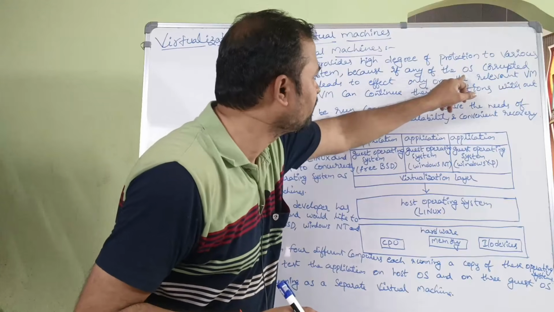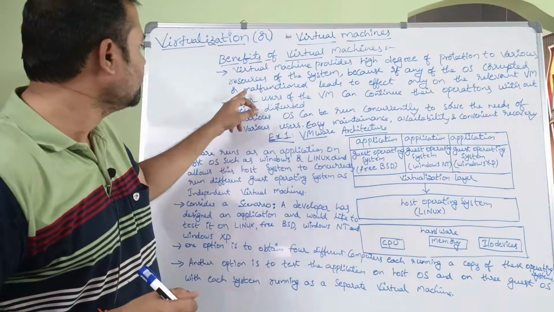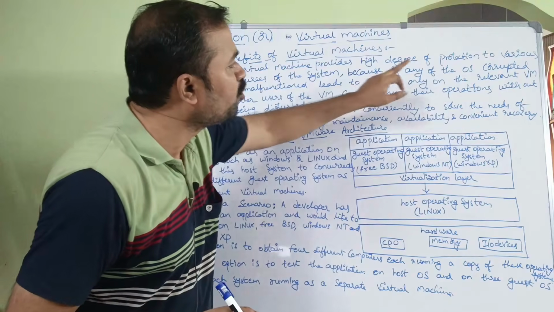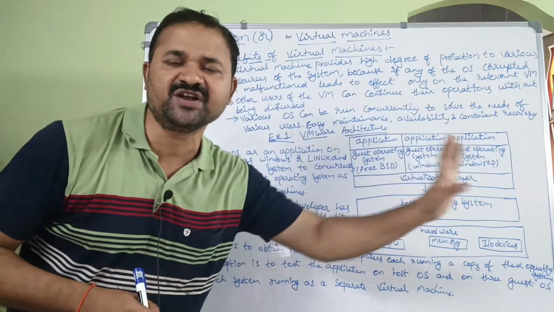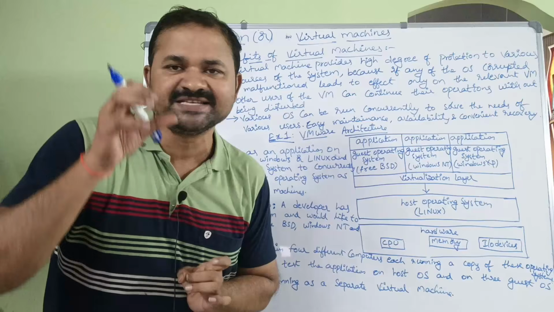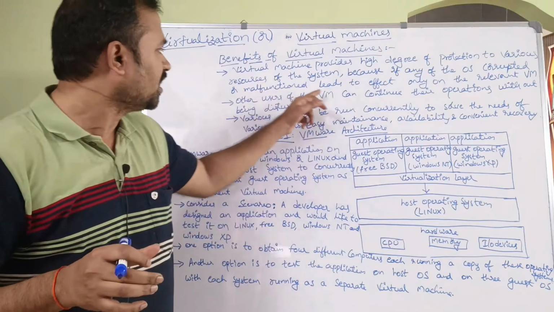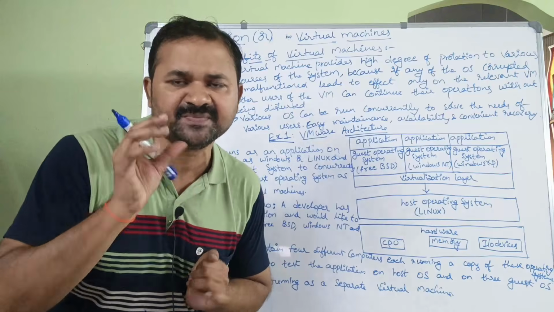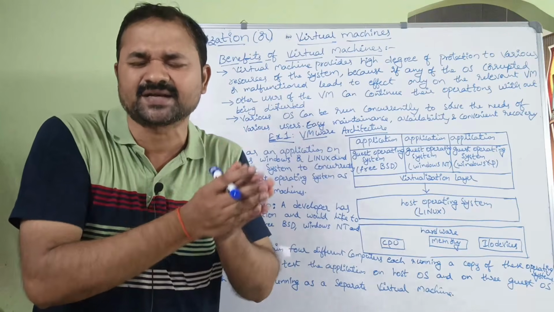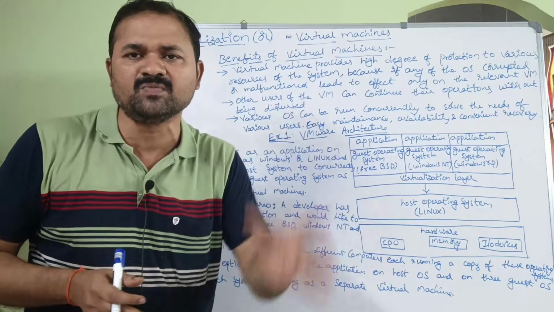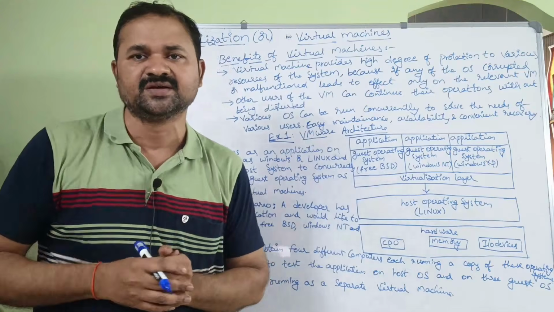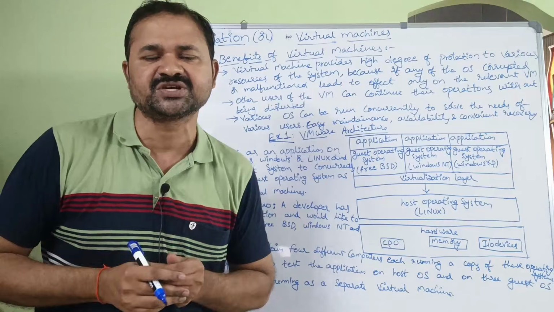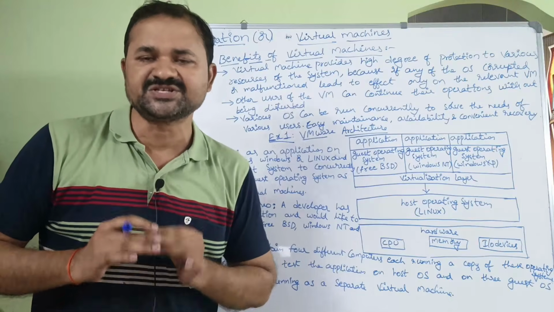Because if any of the operating systems is corrupted or malfunctions, it affects only the relevant virtual machine. Suppose there is a problem with one operating system virtual machine, then we have a problem only on that virtual machine. We can make use of the remaining 2 virtual machines very comfortably. There is no problem.